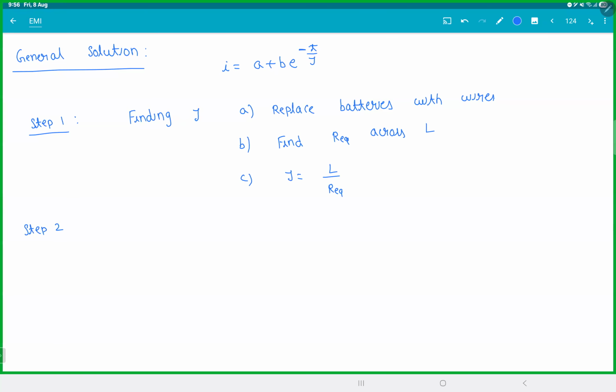Step two, find the current at T0. Then you get I is equal to A plus B e power 0, which is A plus B. Step three, find the current at infinity. This I taught you how to do in steady states.